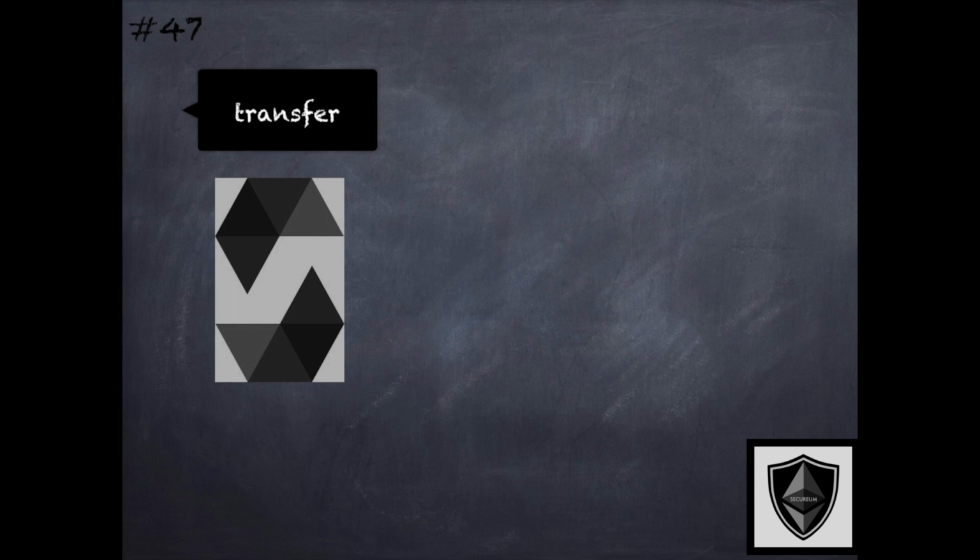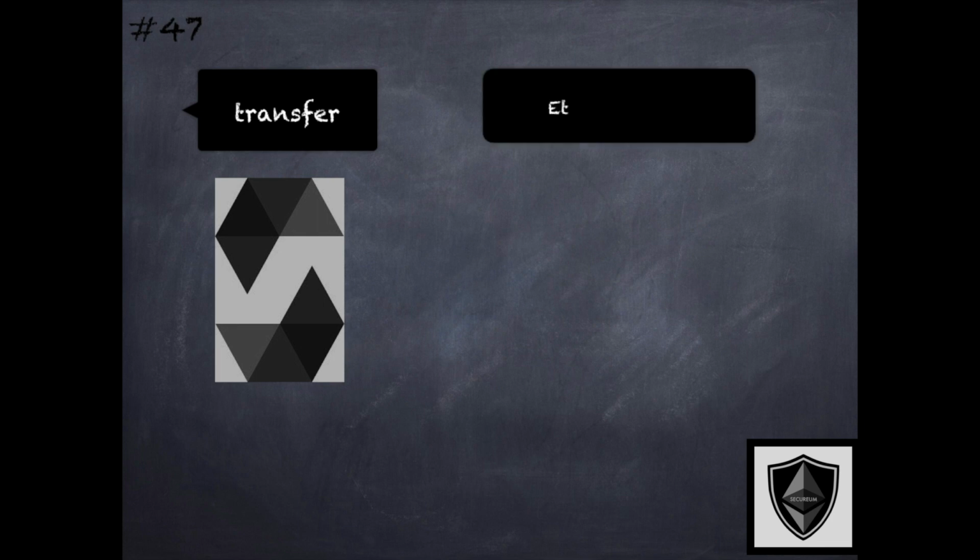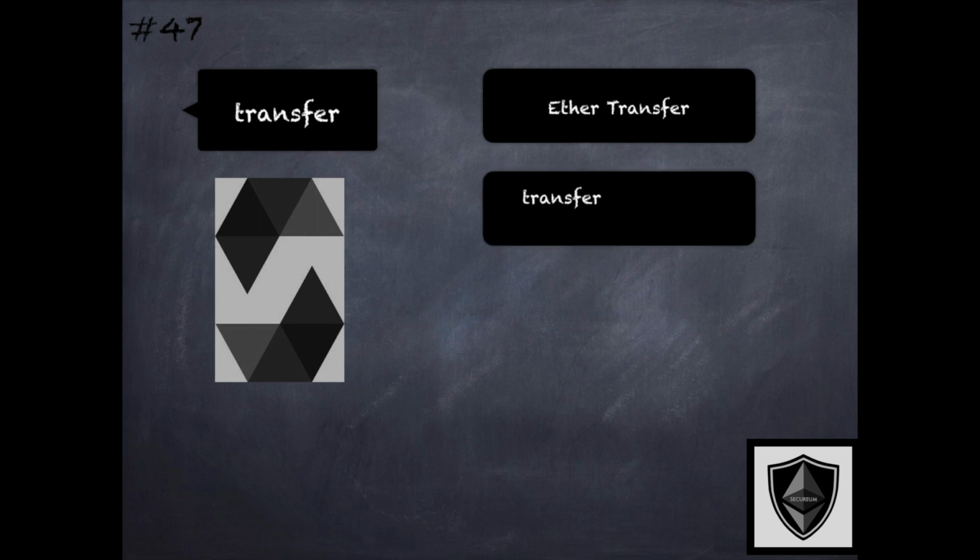Let's now take a further look at the transfer primitive that can be applied on addresses. Like we just discussed, the transfer function is used for transferring ether to the destination address. And this transfer really triggers the receive function or the fallback function of the target contract, as we discussed earlier.